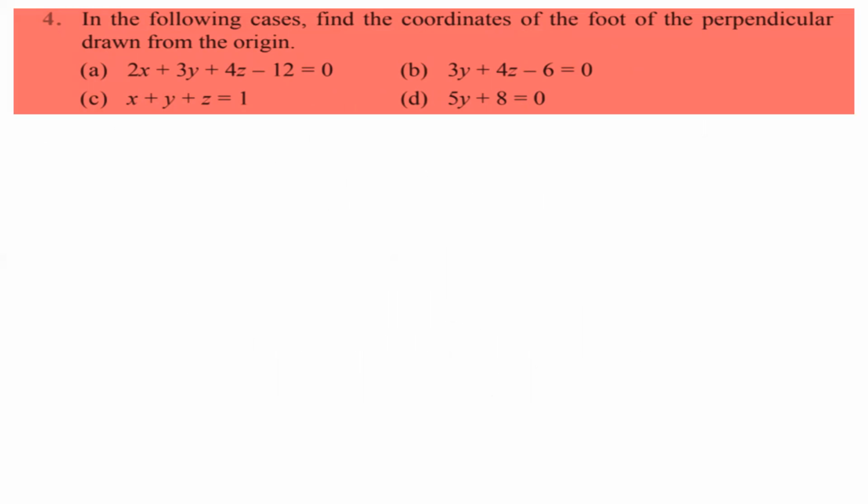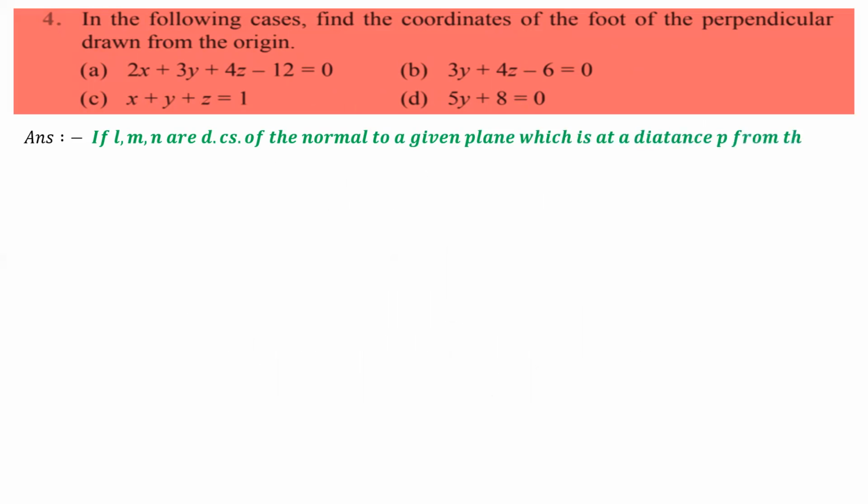Here you need to find the coordinates of the foot of the perpendicular drawn from the origin. We know the normal form, that is lx plus my plus nz equals p. If the normal form is given, then p is the distance from the origin to the plane, right?